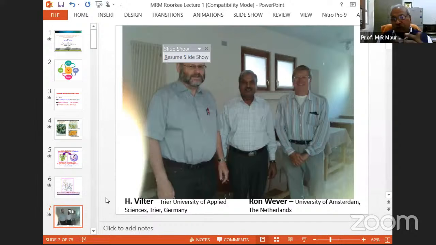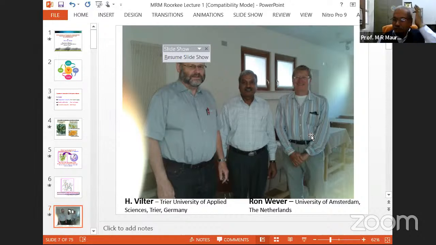So when the chemistry and structure were established during that period, and even before that, these two people, Ron Wever and Hans Vilter, were doing the chemistry on that haloperoxidase. The fellow who was working on the crystal structure, trying to solve it, proposed that a vanadium 5 center is present, and Ron Wever rushed into the lab to look at whether it was really vanadium 4 or vanadium 5.